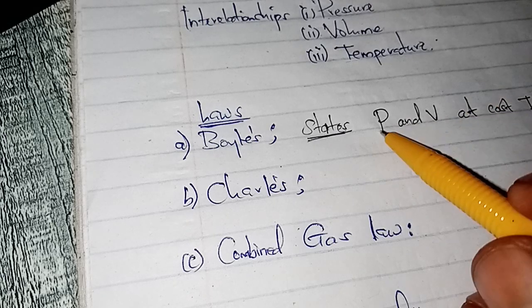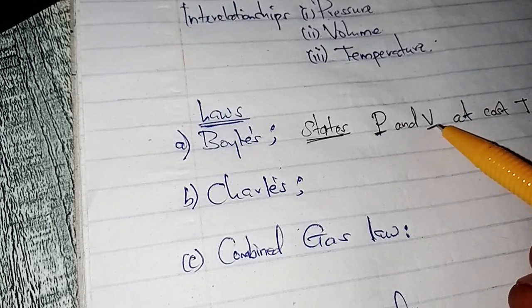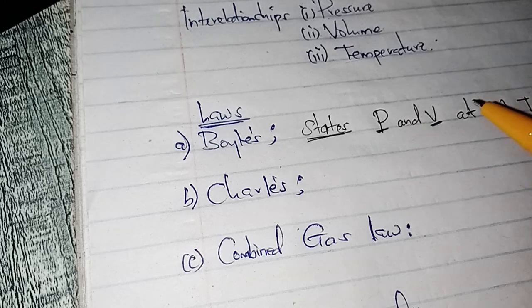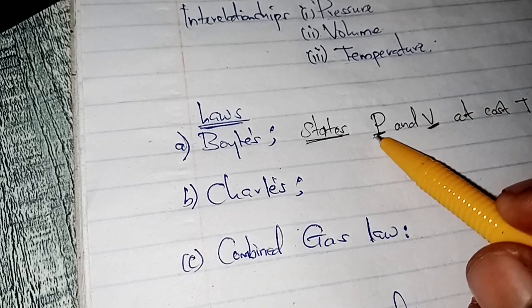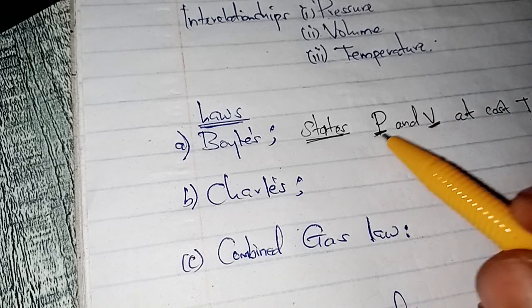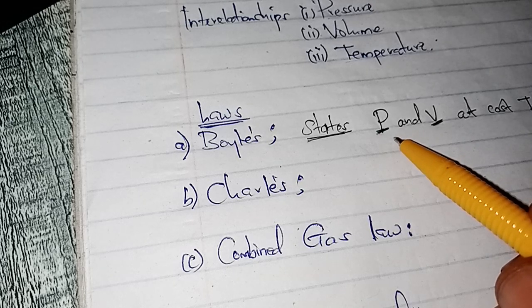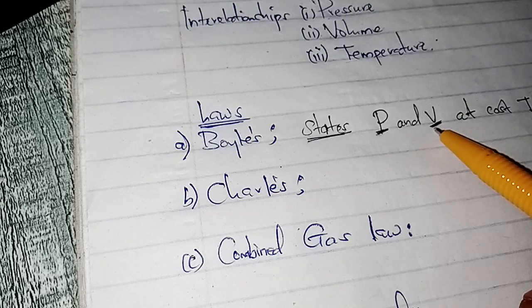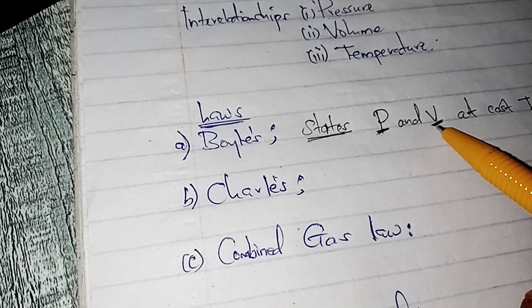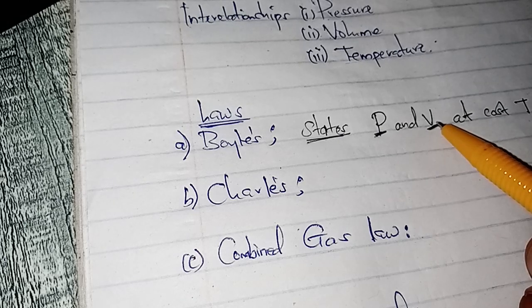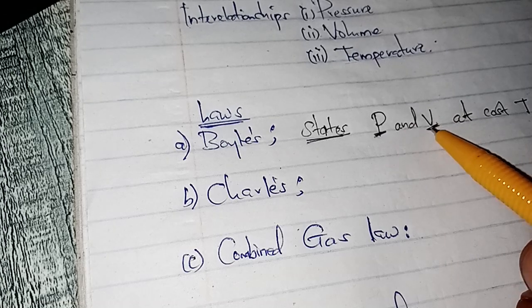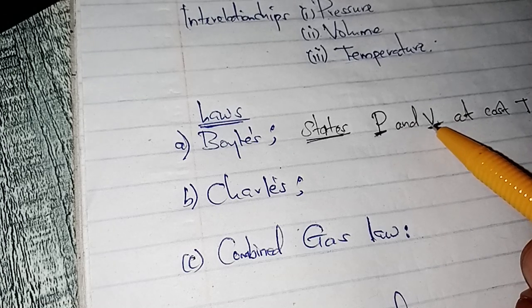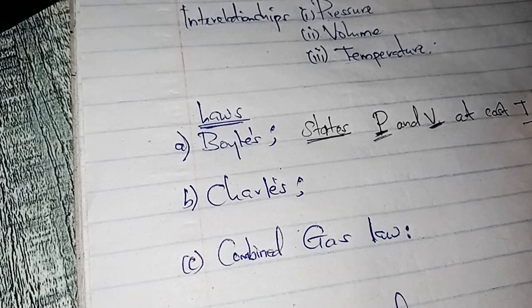When pressure increases, the volume decreases, and when the volume increases, the pressure decreases. It states that the volume of a fixed mass of a gas is inversely proportional to its pressure at constant temperature.